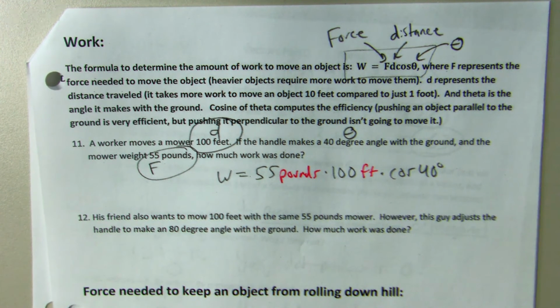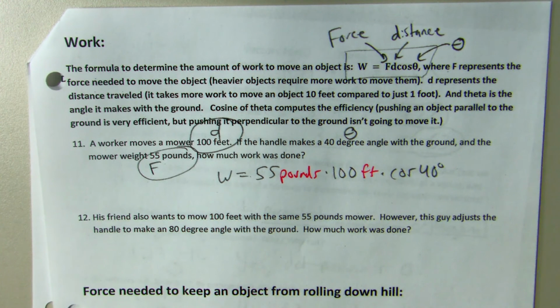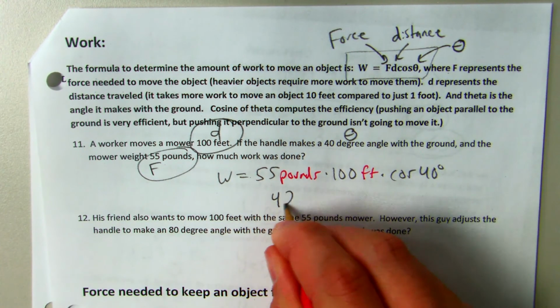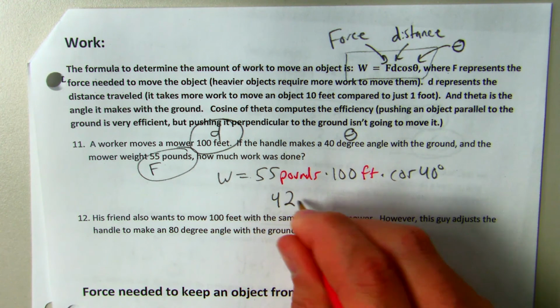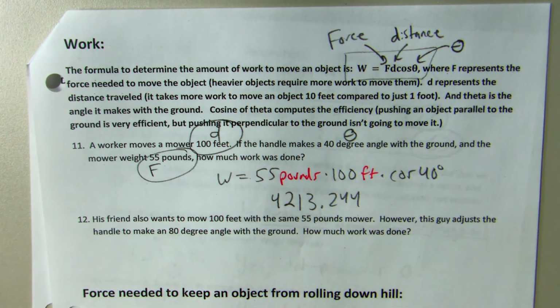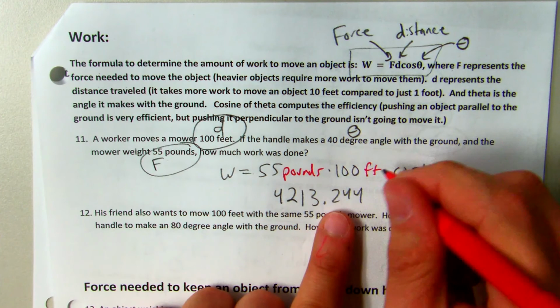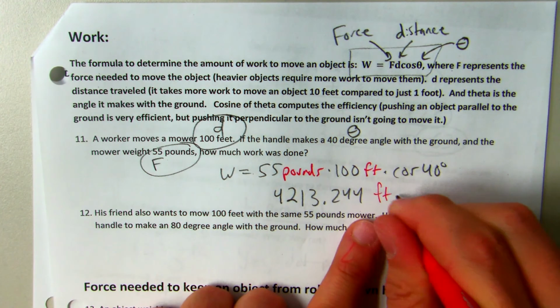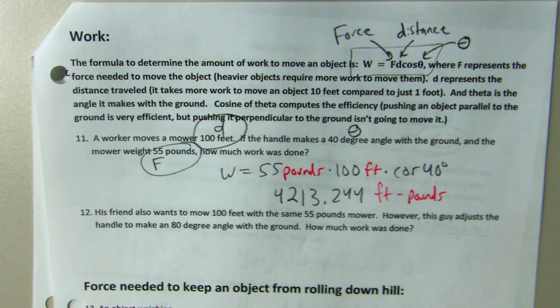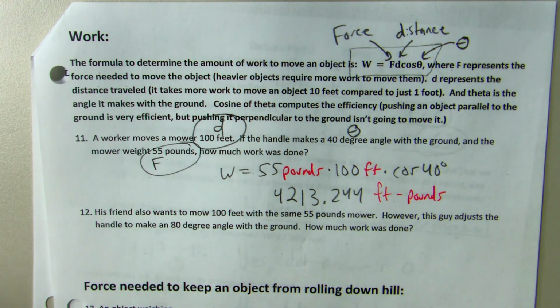55 times 100 times cosine 40 tells me the work that would need to be done to make this happen would be 4,213.244. And the units, since this is pounds times feet, we like to call these foot-pounds. And I know it's very similar to a joule, for those of you that do physics.